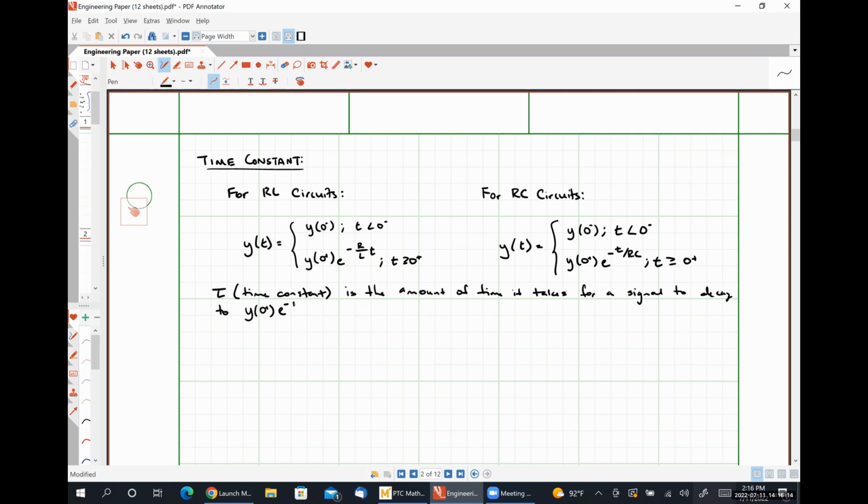Which comes out to be how long it takes to decay down to roughly 37%, okay?